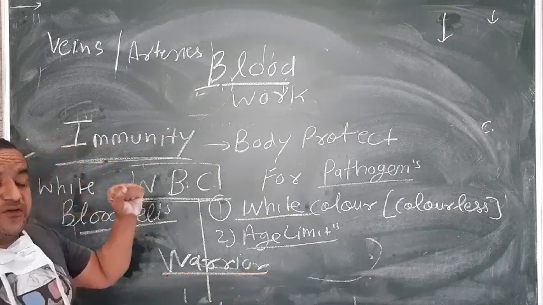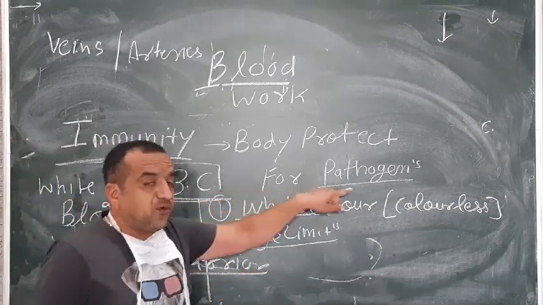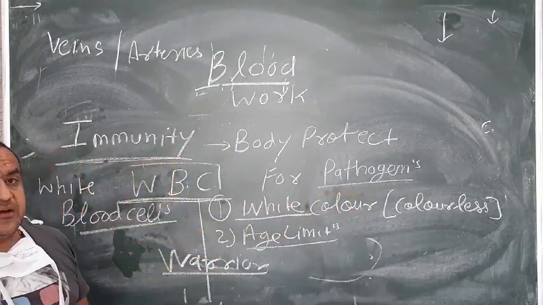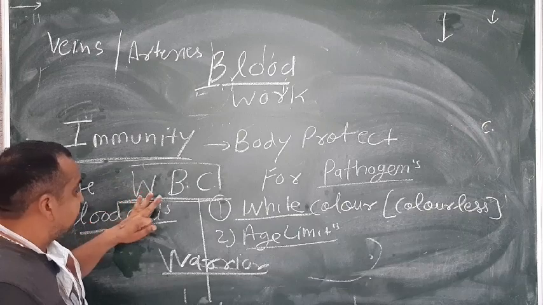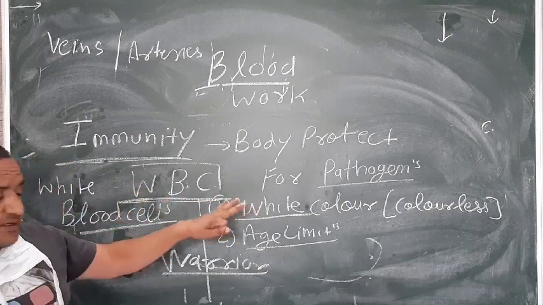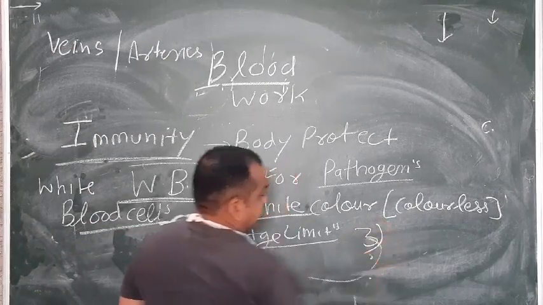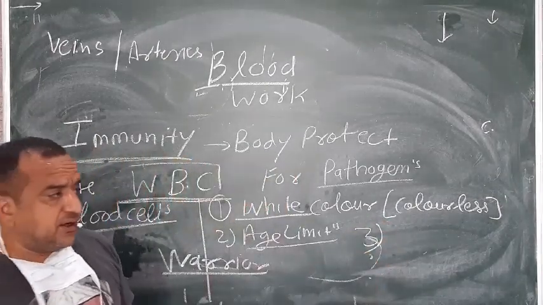Warrior in the meaning that they fight against foreign particles and pathogens, which protects our body. WBC is a white blood cell, white in color, colorless, with no age limit.